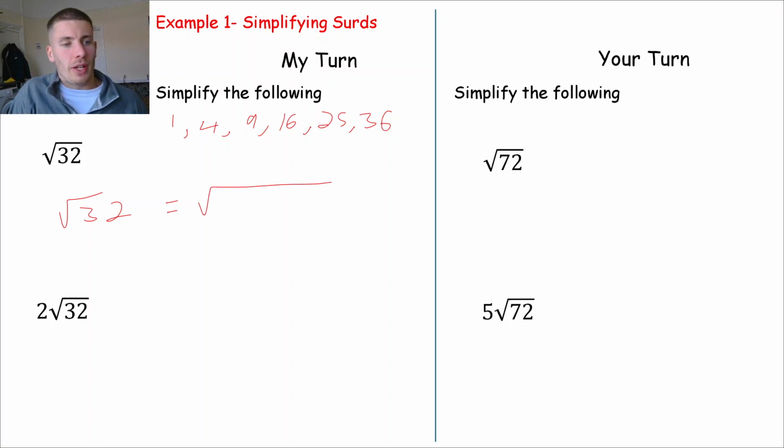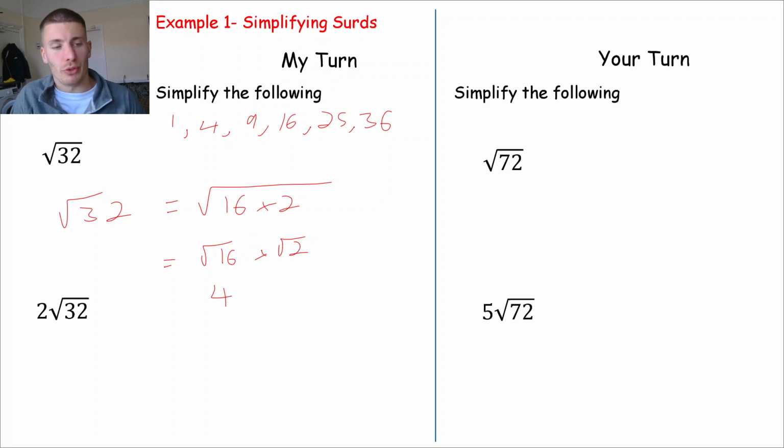We can write 32 as 16 times 2, and we can break it up into two separate surds. Root 16 times root 2. Root 16 is equal to 4. 4 times root 2 we can write as 4 root 2. This is your answer. Root 32 is the same thing as 4 root 2. We've just simplified our answer.